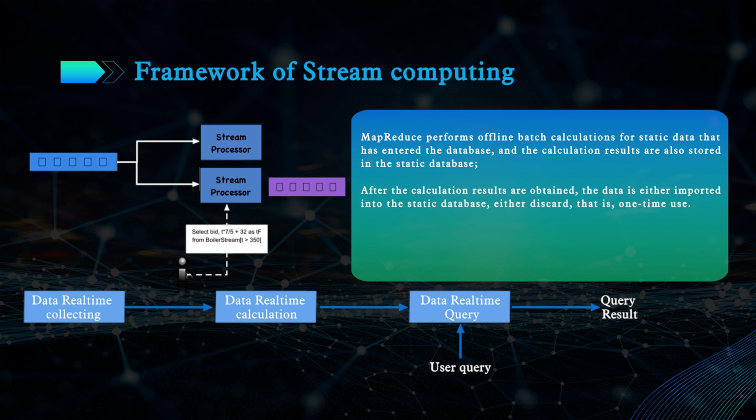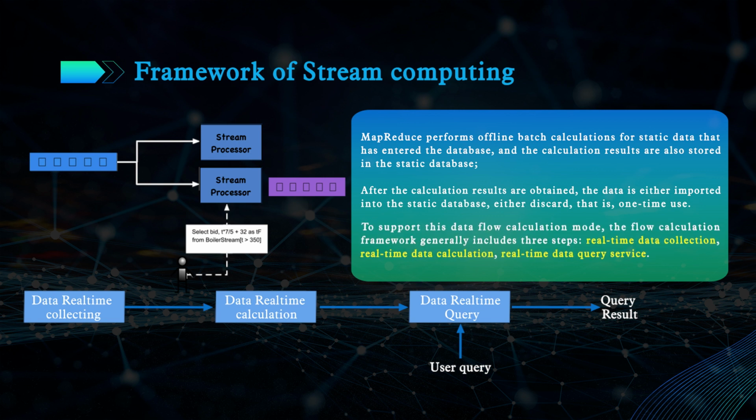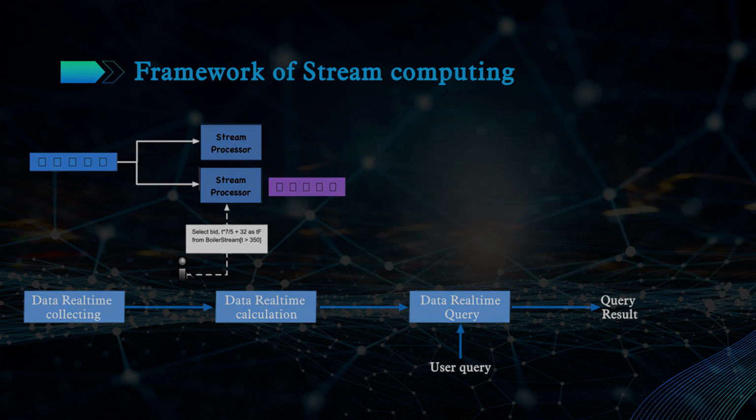After the calculation results are obtained, the data is either imported into the static database, or discarded, that is, one-time use. To support this data flow calculation mode, the flow calculation framework generally includes 3 steps: real-time data collection, real-time data calculation, and real-time data query service.